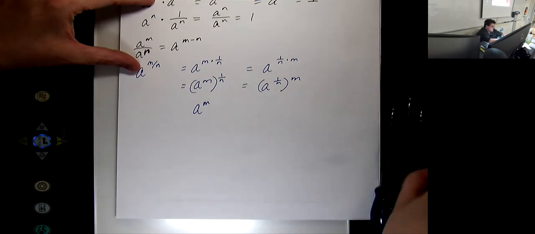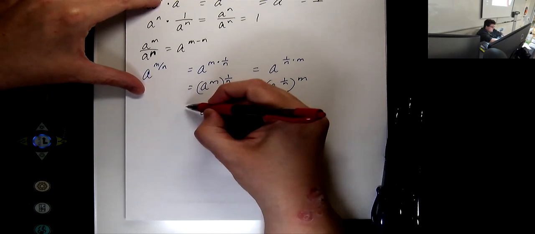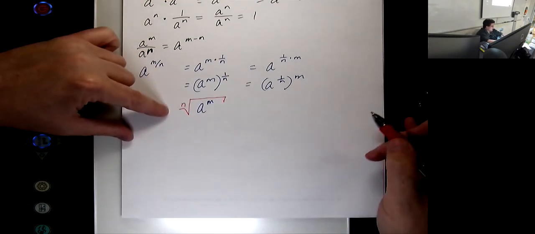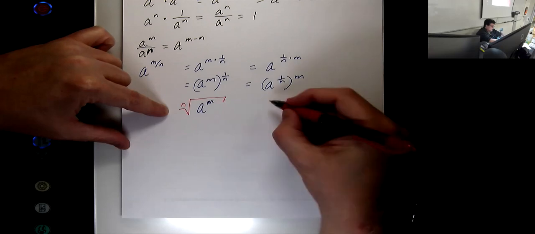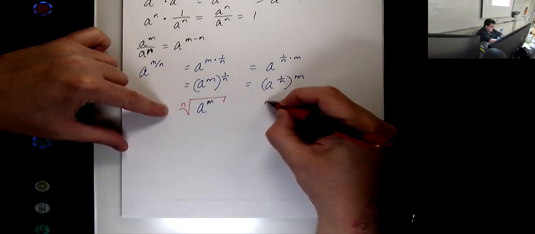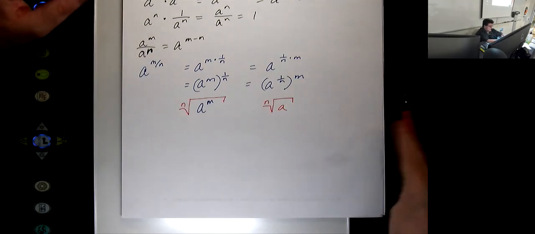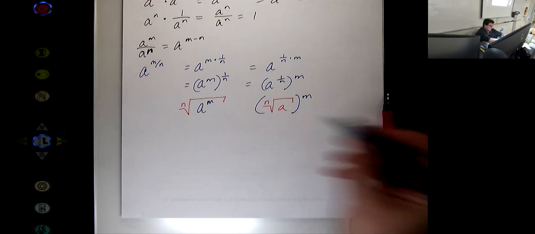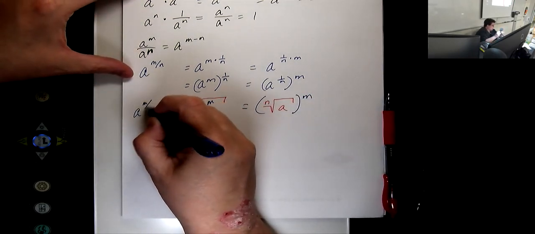The 1 over n power means take a radical root with the index at n. So if I do that here, I have the nth root of a. And then I have to the mth power. And these are all a to the m over n.